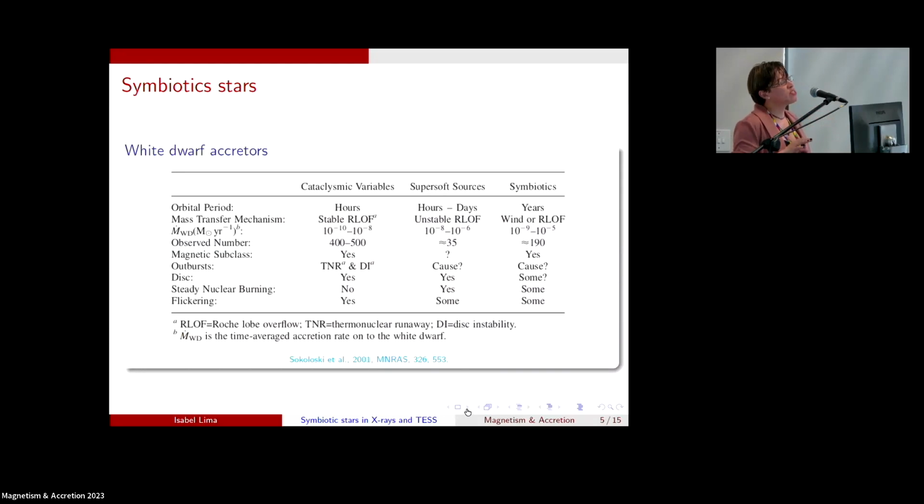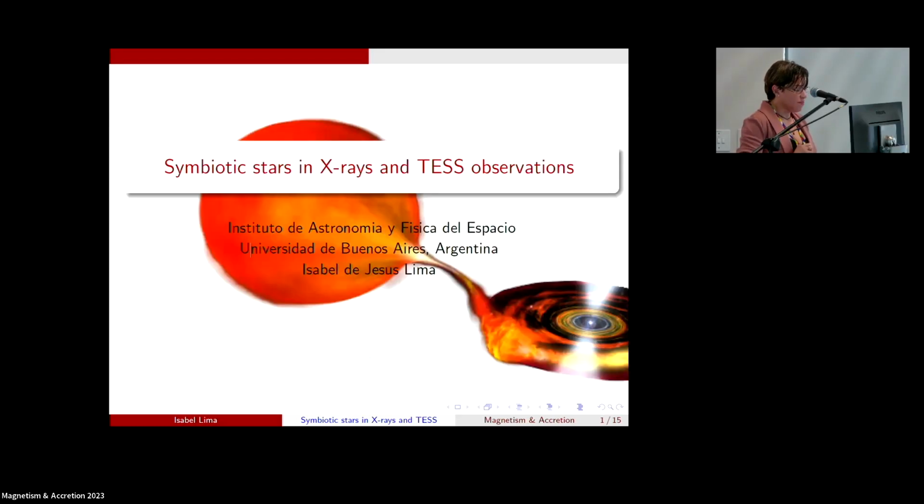In comparison with other white dwarf accretors, symbiotic stars have the longest orbital period, the higher accretion rate, and can have flickering or not.